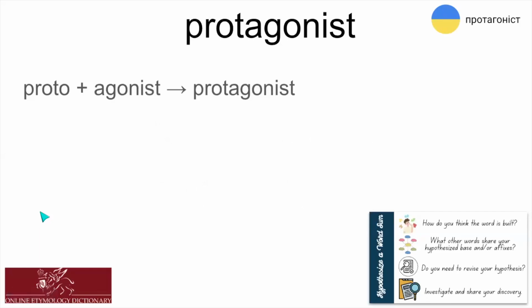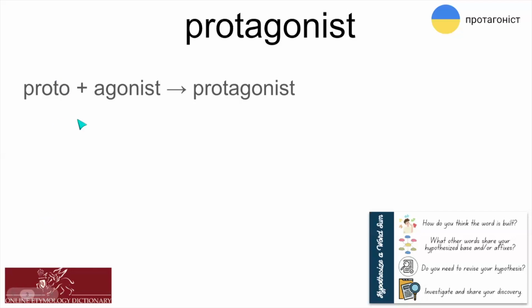One of the hypotheses that you might have come up with is PROTO plus AGONIST is rewritten as PROTAGONIST, protagonist. So you've identified that this proto piece, PROTO, is at the front.